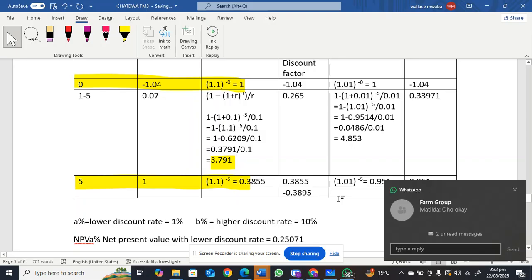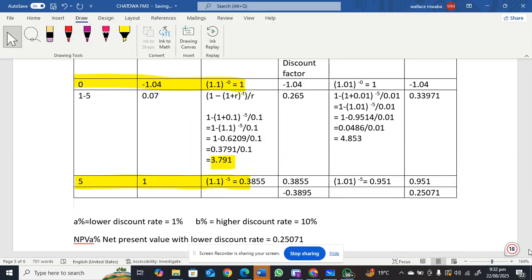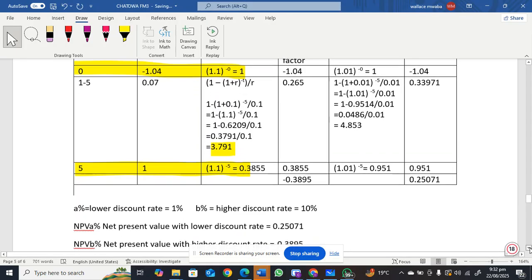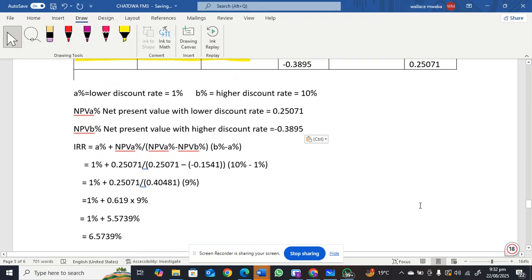Okay, just those 4 things. And then you substitute into your formula. Yeah, just a matter of substitution. And then you solve.